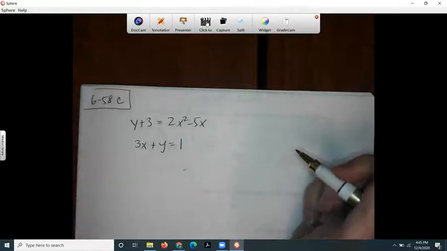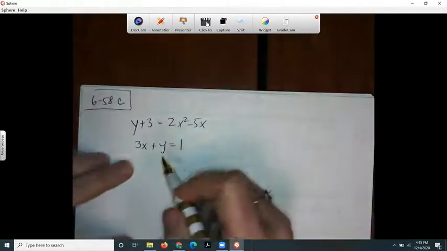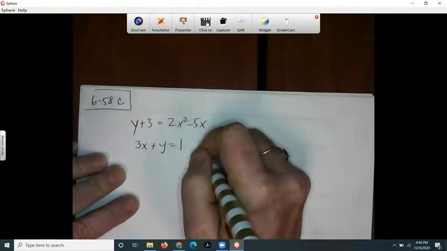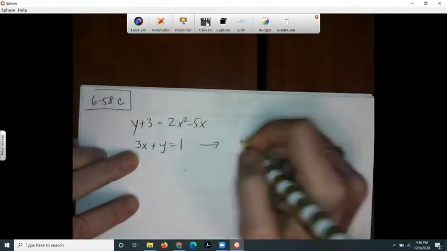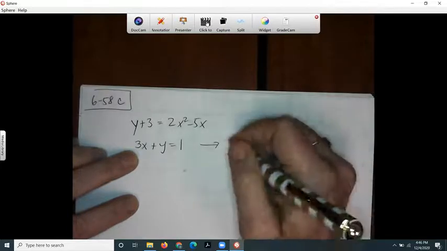Okay, letter C. I'm allowed to use any method I want. This one has x's and y's. This one's almost solved for y, so I'm just going to subtract the 3x on both sides. I think I'm going to use equal values on this one.